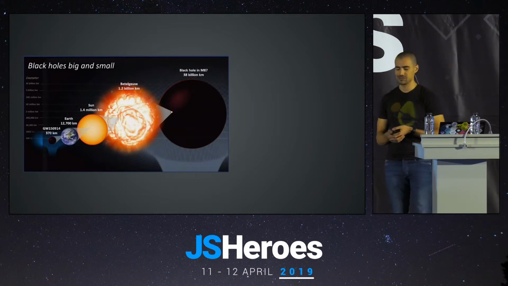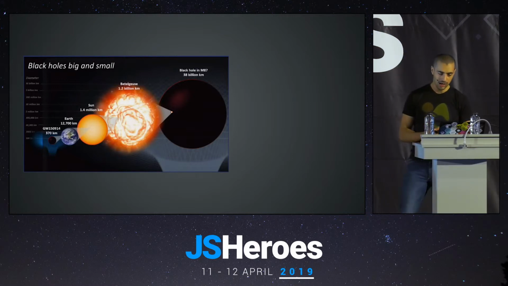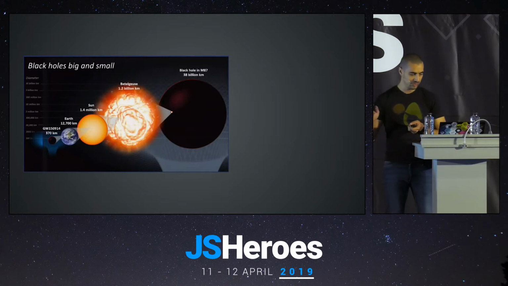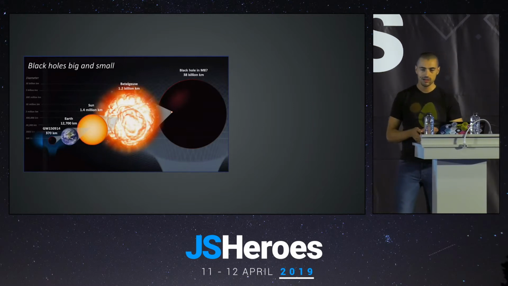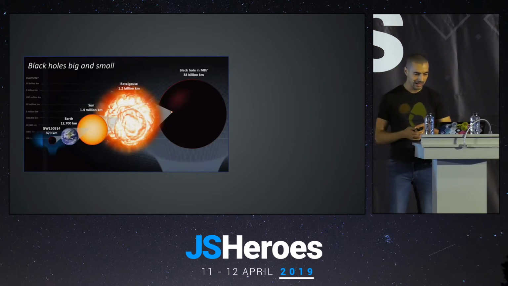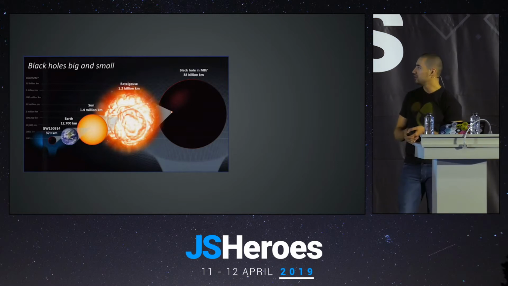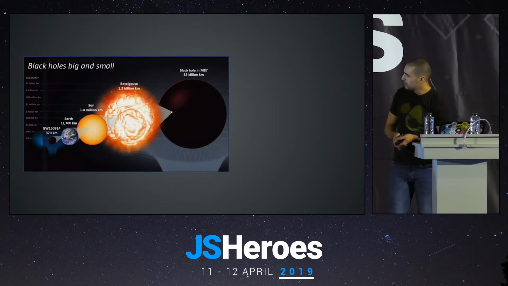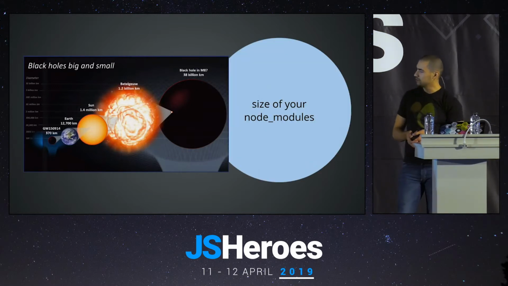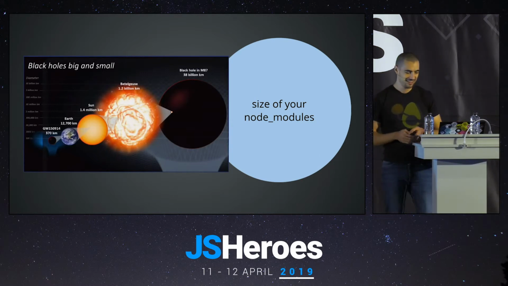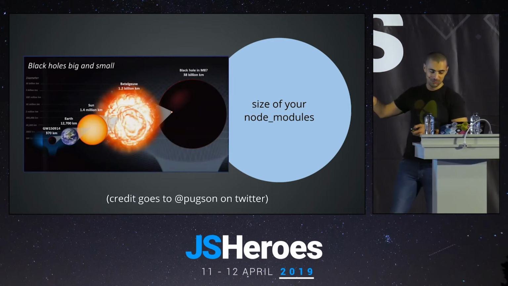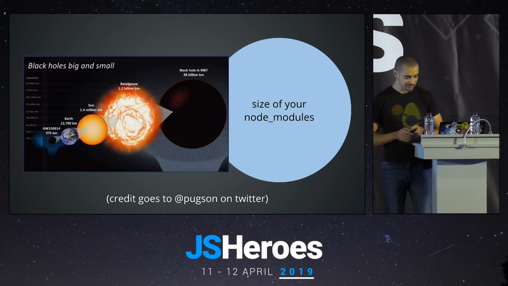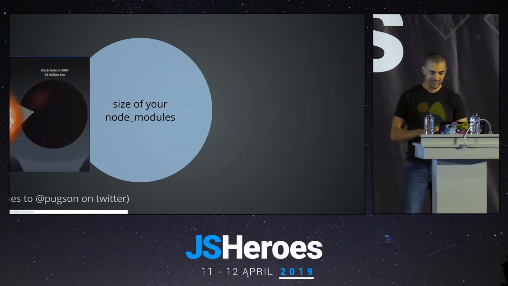And I saw a reference on Twitter by someone mentioning that during the presentation they used this image that you can see here, and on the right there's a black hole that is compared to the sun, and it's also compared to the size of your node modules. I'm sorry, I had to do it. The credit goes to the person on Twitter that tweeted that. I didn't think of that.